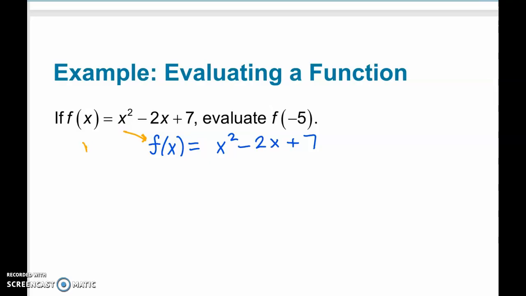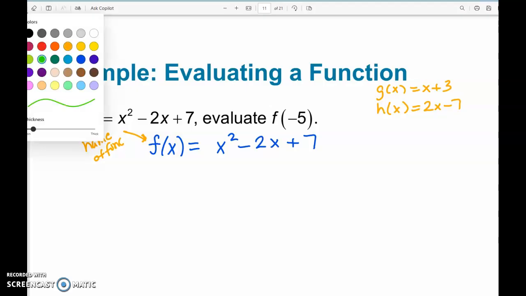The f just stands for the name of the function, because you could have multiple functions on the same page, and you need to know which function you are using. If I'm going to evaluate -5 in one of the functions, I have to know which one. So I want to evaluate it in function f. That's the name of the function.